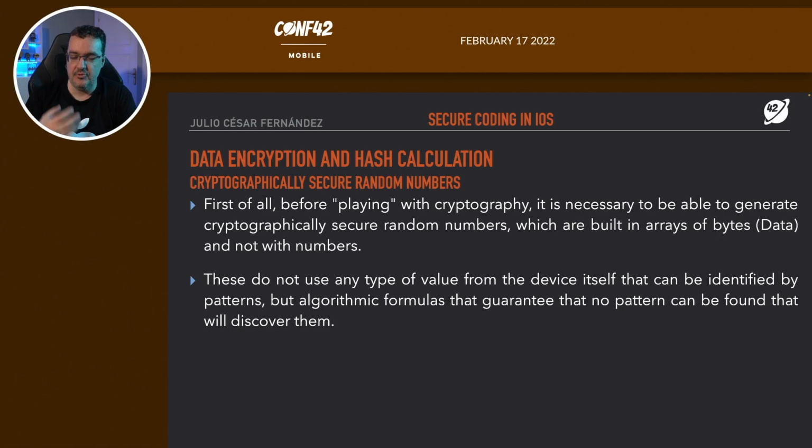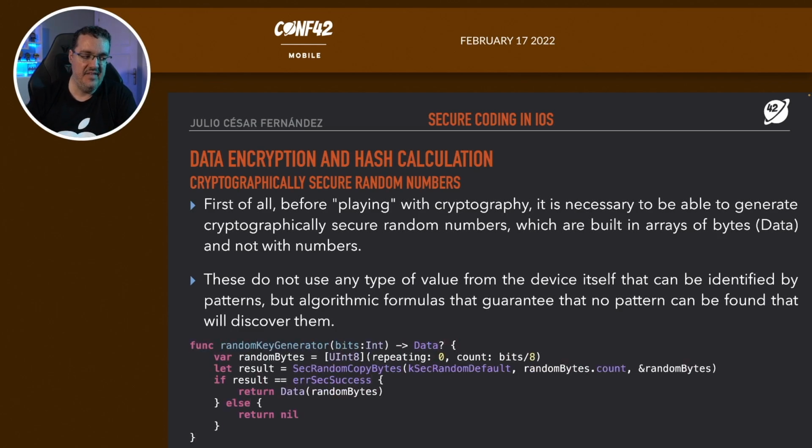It's a cryptographically strong random number, okay? How can we create it? Okay, it's so easy. We can use the SecRandomCopyBytes method from the Security framework, okay, and all the things about the Security framework in Swift.